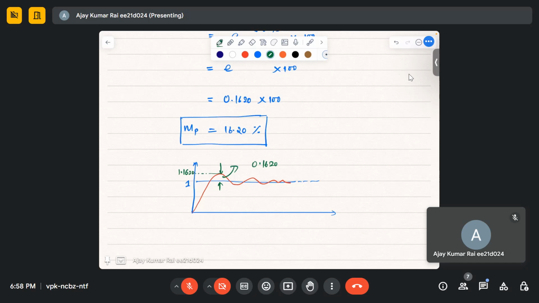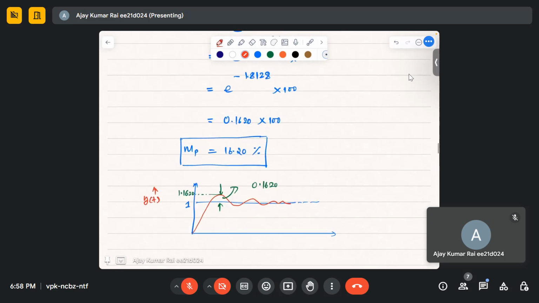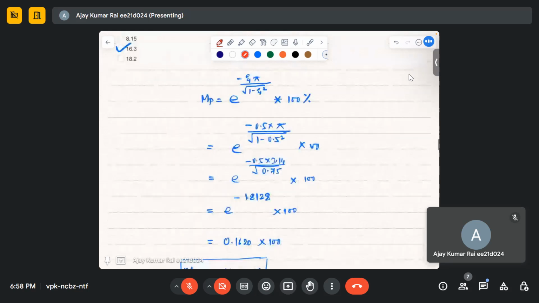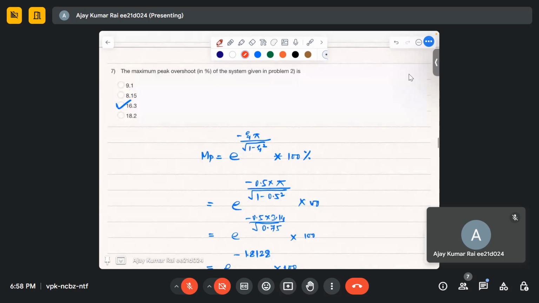So this is the overshoot, the maximum percent overshoot. Your y of t is the output. Any doubt in this question? Simple, you have to use this formula.